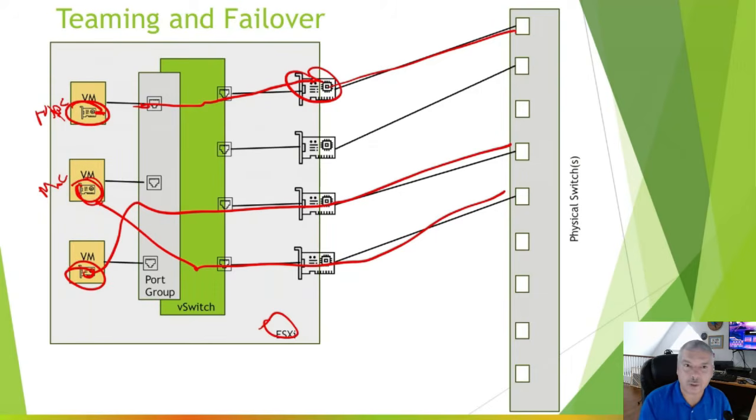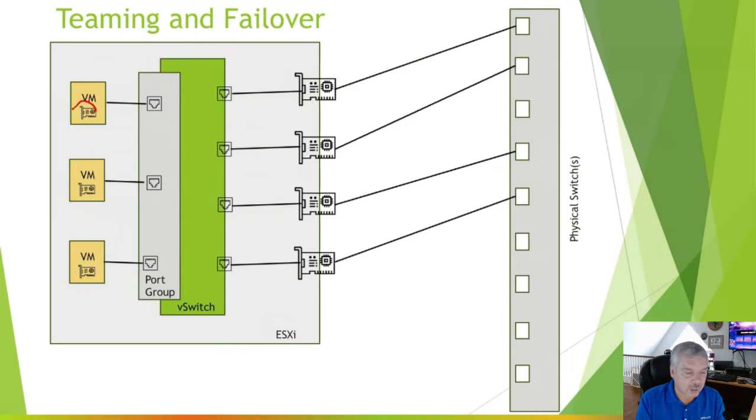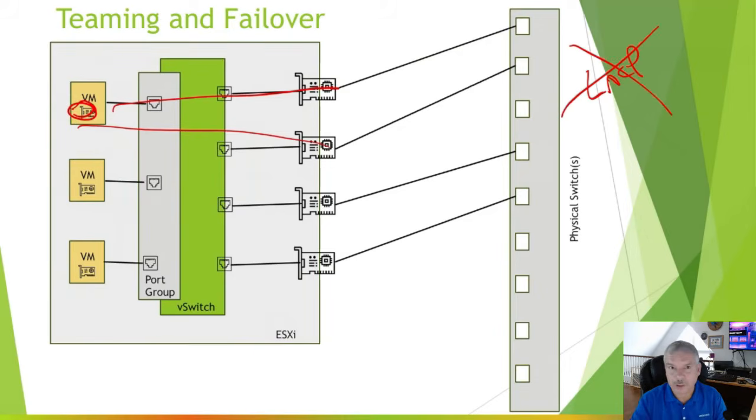So it's pinned based on the MAC address of the VM, very similar to port based. The only difference is that if you have multiple MACs inside the VM, then potentially you could be using multiple NICs. Again, very simple algorithm, no configuration required. Don't need LACP or EtherChannel, very simple.